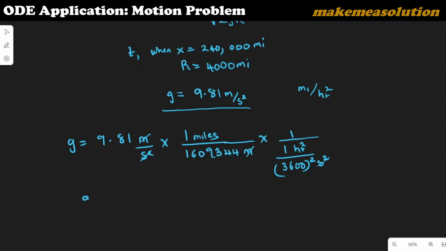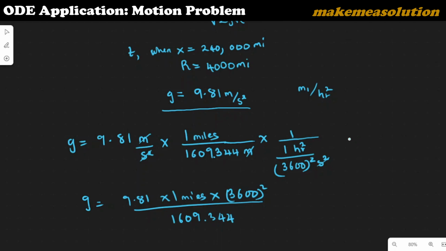So if I rearrange, I'll have g to be 9.81 times 1 mile, times 3,600 squared, all over 1609.344.